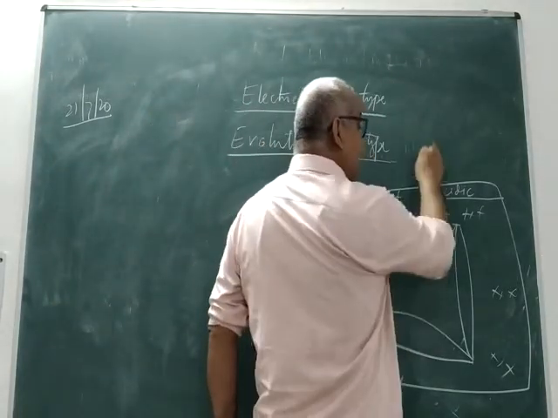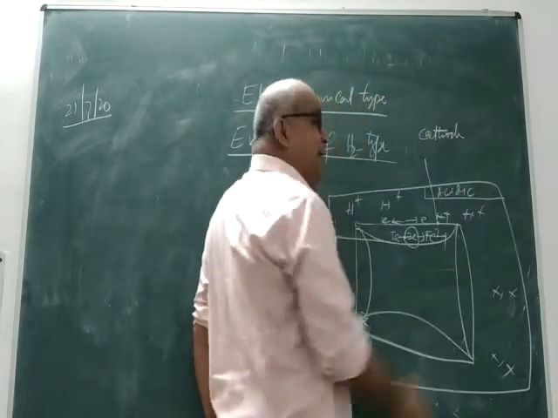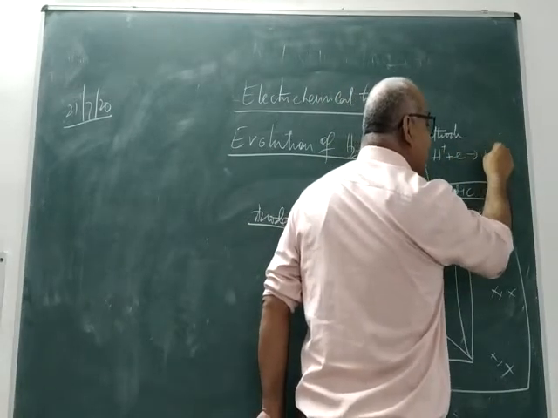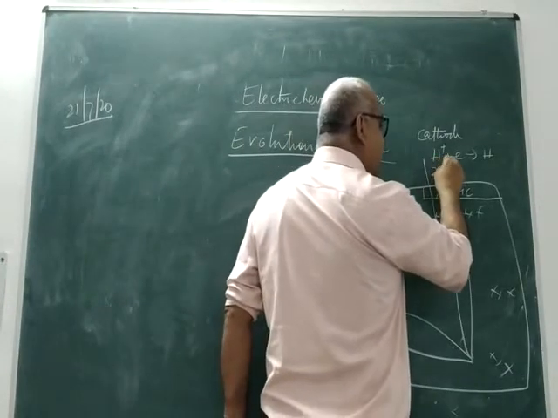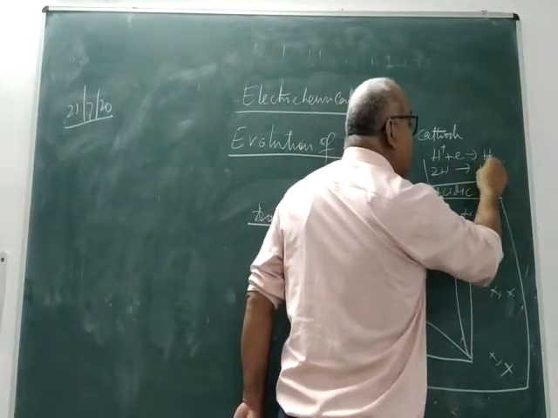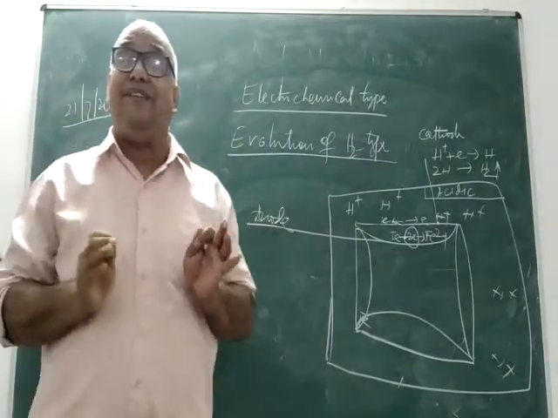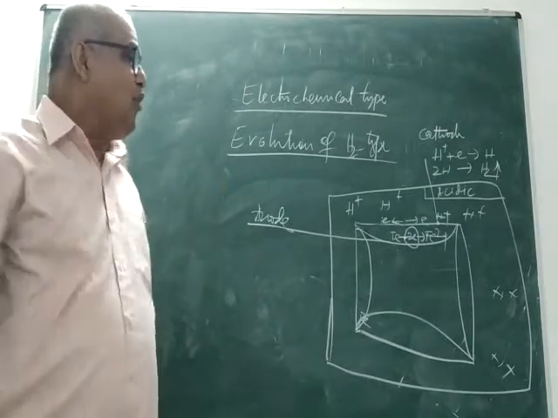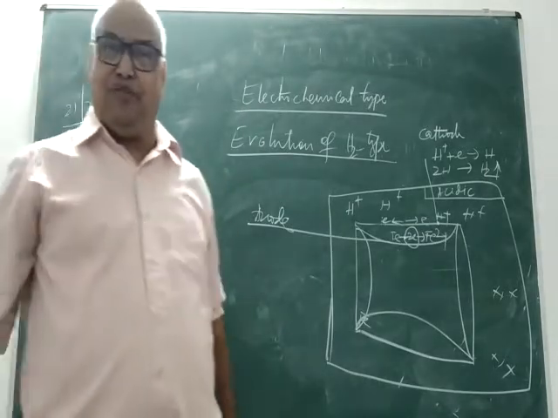Automatically this particular point will become your cathode. And what will happen? This H+ ion will gain this electron to produce H. After some time, two such H atoms will combine together to produce molecular hydrogen. Hydrogen being a gas, it is now being released. And that is why it is known as evolution of hydrogen or release of hydrogen.